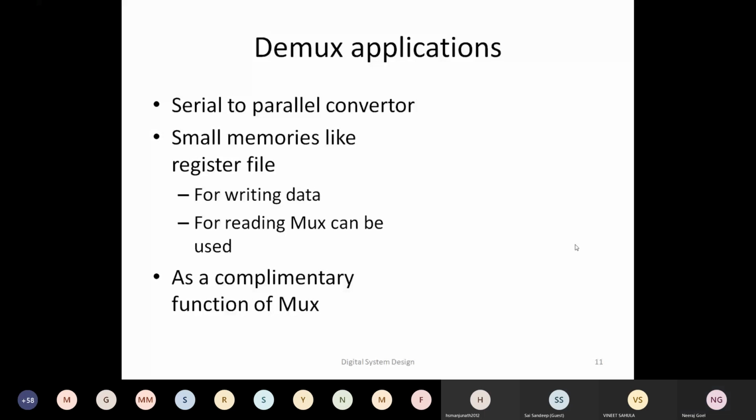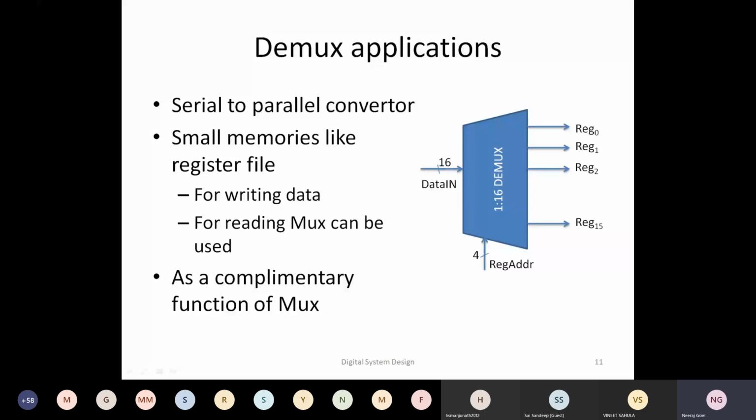And in small memories and register files, if you have to write data, then also a demux would be used. So you would have an address. This address would act like a controller. So this is the example I'm talking about. Let's say there are 16 registers, and your 4-bit register address would act like the controller.